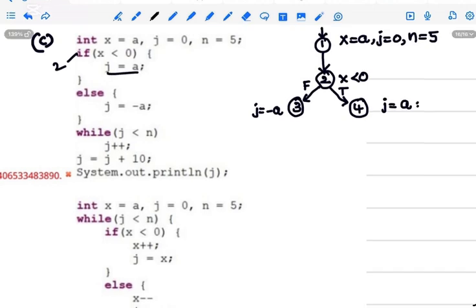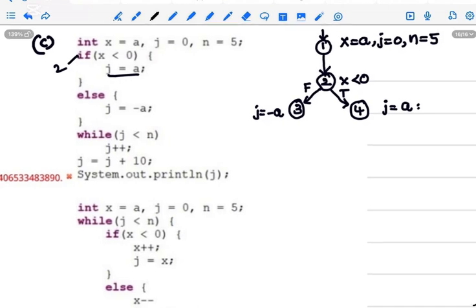After this, they reach node 5, that is a junction node. At node 5, the while loop, right? While condition, j less than n. While j less than n, it will reach node 6. At node 6, j plus plus increment.